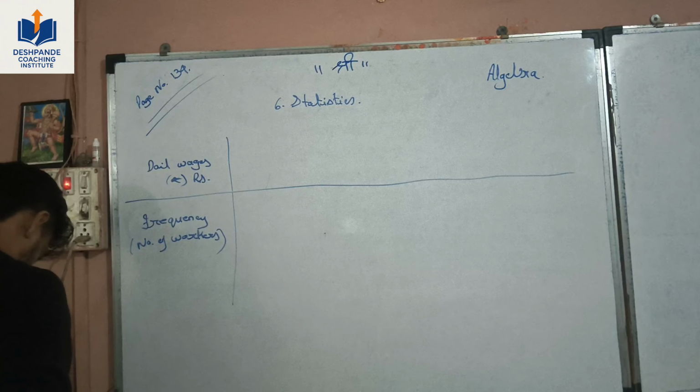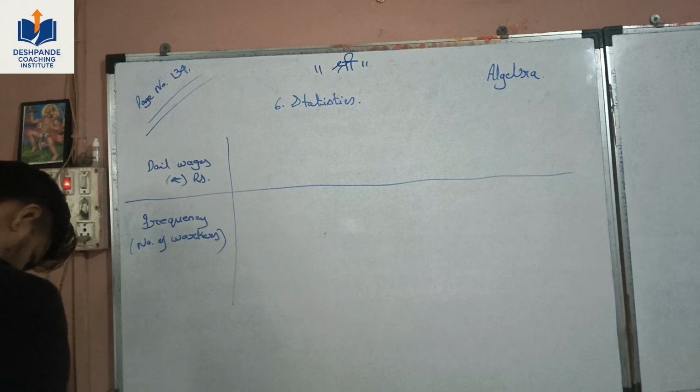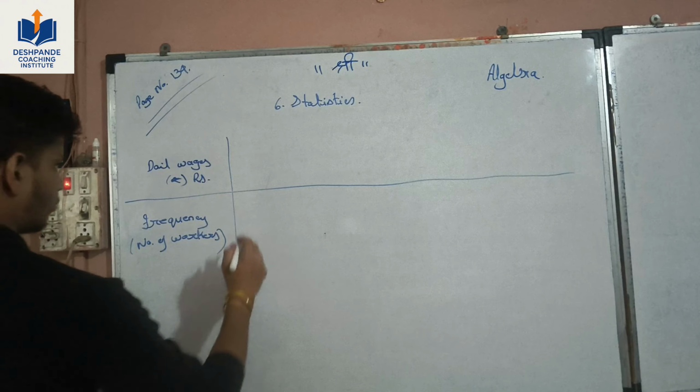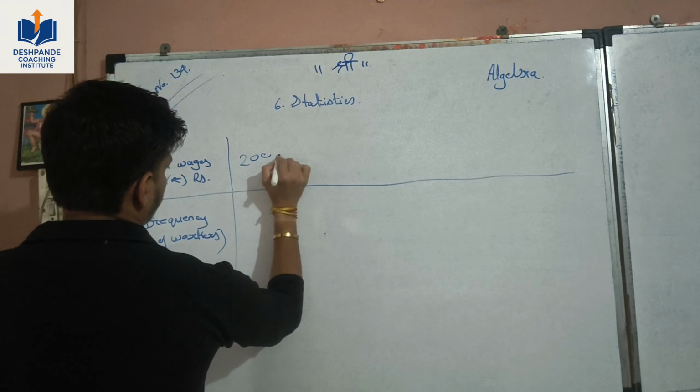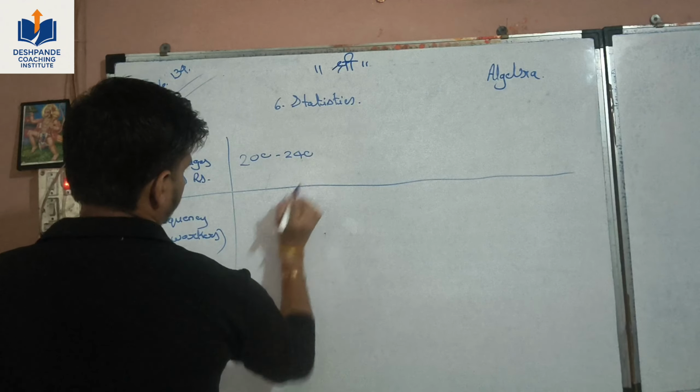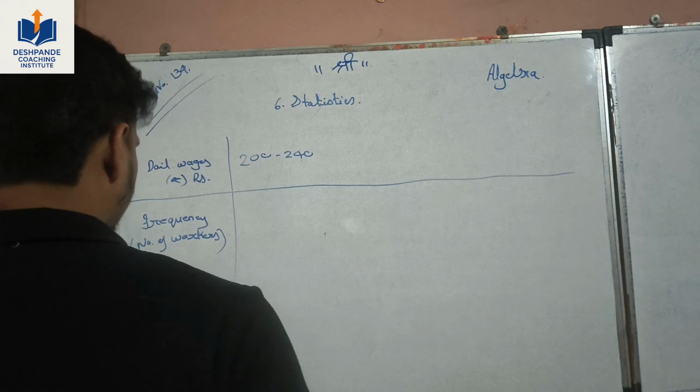So what are the wage ranges? 200 to 240, 240 to 280, 280 to 320, 320 to 360, and 360 to 400. I am writing the question for your sake.